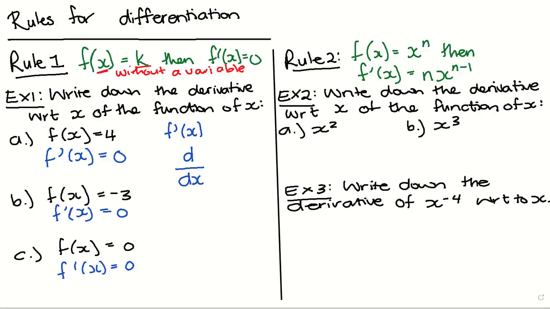The way that I rewrite this ends up just being d over dx, and we put the function next to it because we're trying to find the derivative with regards to x of this function, and we can write it as equal to 0.